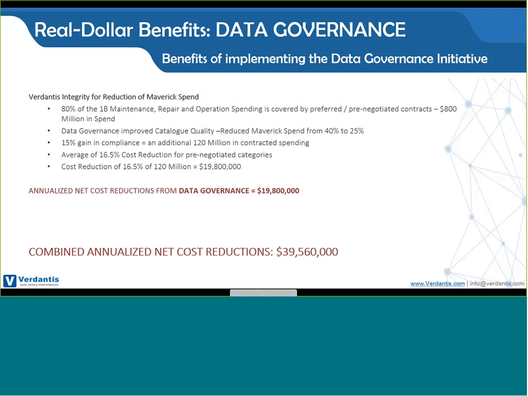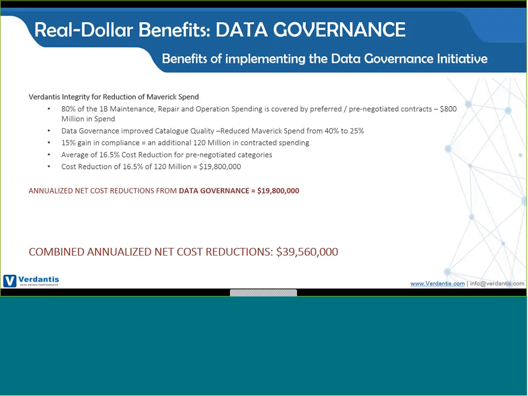Now, from a Maverick spend perspective, they're turning $1 billion. 80% of it was covered by contract. So they had $800 million every year that was potentially to be bought off a contract. They recognized from their studies that they had about 40% Maverick spend that went down to 25% through clean descriptions that people could now find things, right?